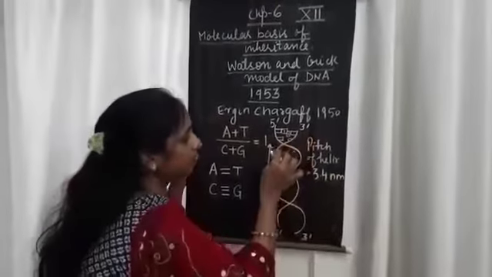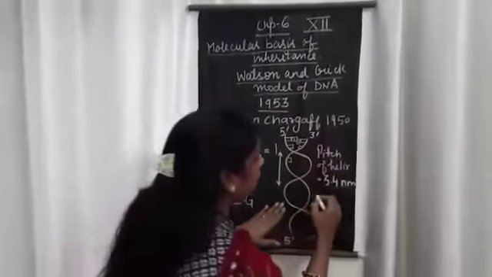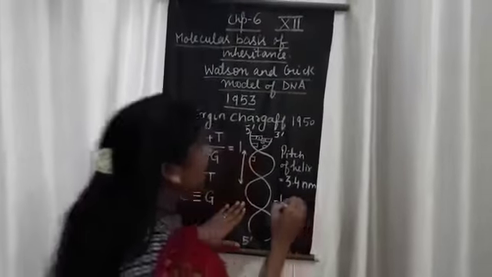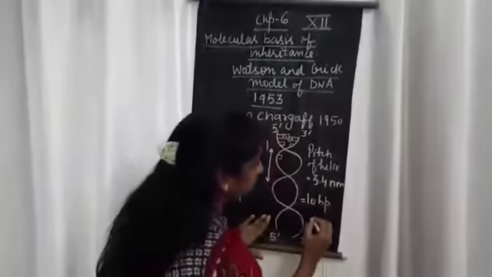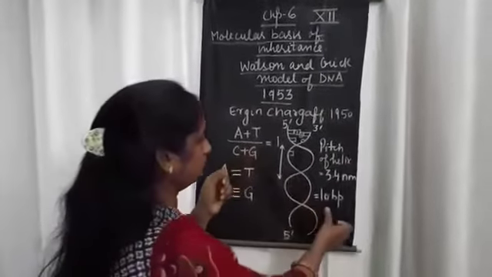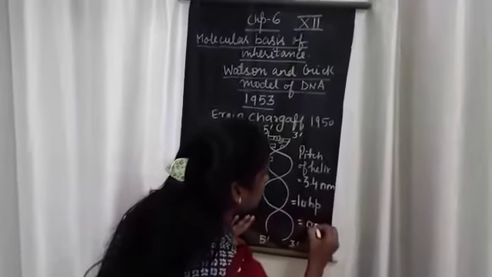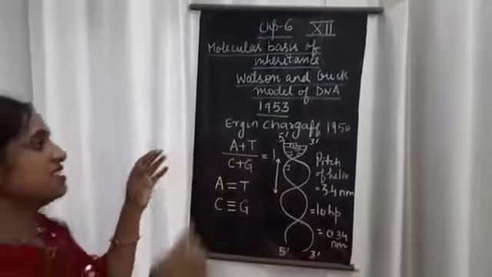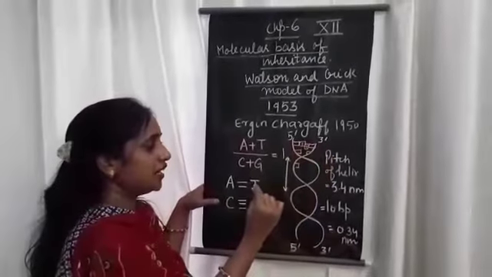And in one turn of the double stranded DNA molecule, it will be having 10 base pairs. That means the distance between the two base pairs will be 3.4 divided by 10, which will be giving me 0.34 nanometer. That means these hydrogen bonds will be giving stability to the DNA molecule.